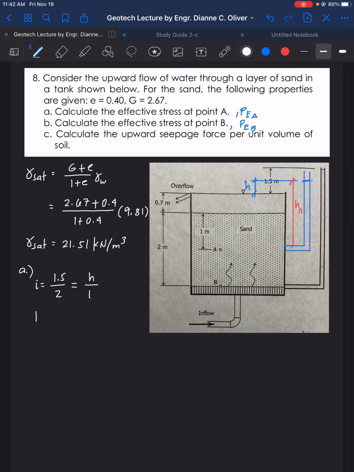So H now is equal to 0.75. Okay, so we now have the value for that, 0.75.